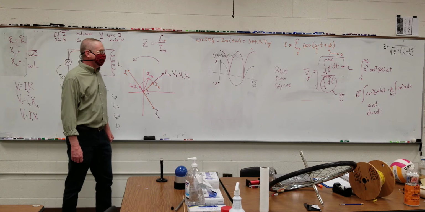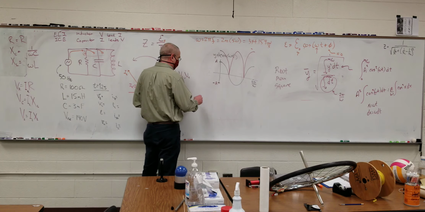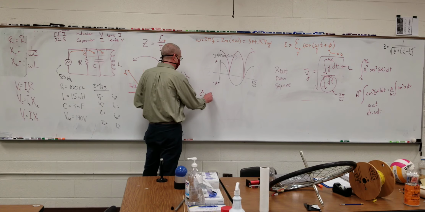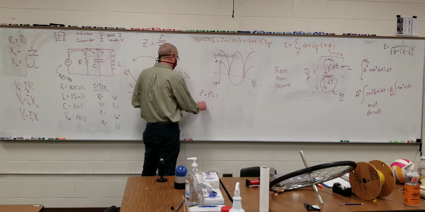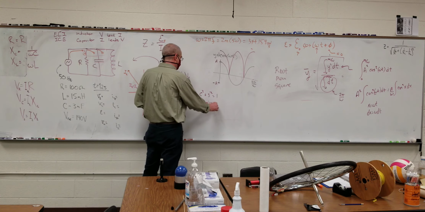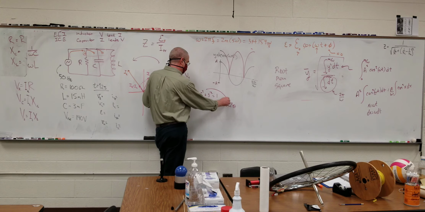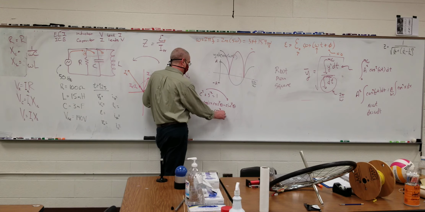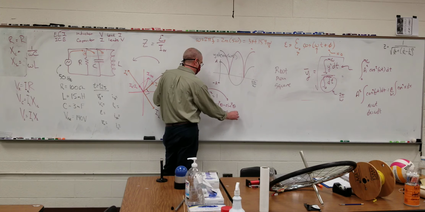There's a substitution that you make. Would it be one minus sine squared? Cosine squared plus sine squared equals one. Cosine of two theta is equal to cosine squared theta minus sine squared theta. Plugging that in, this is cosine squared theta minus one minus cosine squared theta.